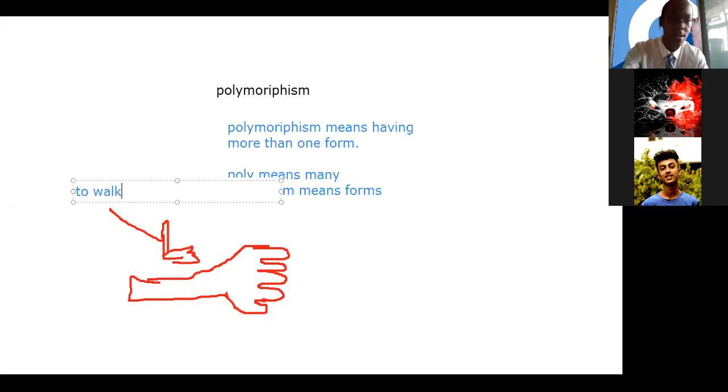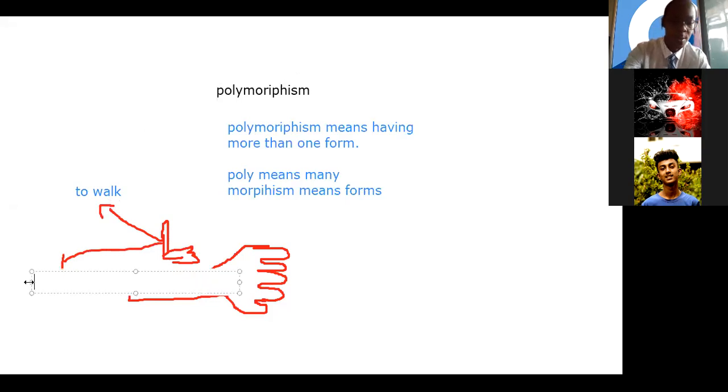But what will happen if I use the same leg to pick a pen? Is it possible? Yes. Normally the leg is used to walk, but when a pen falls down, you may use a leg to pick it, or you may use a hand to pick a pen.